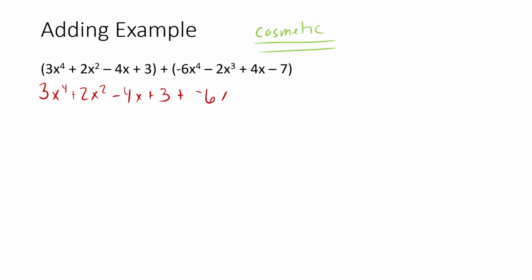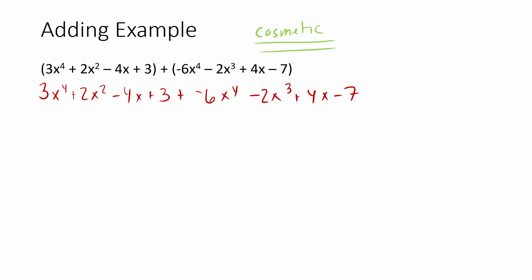Okay, and so they don't serve any function other than to visually separate the polynomials, so we can say, oh, polynomial 1 and polynomial 2, but they don't affect what we're going to do. Now, what we are going to do is combine the like terms.